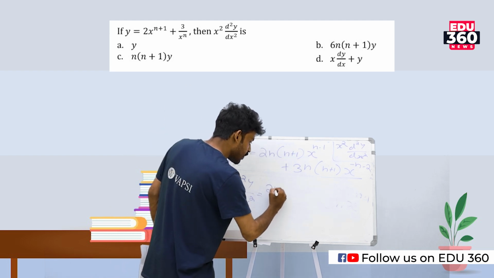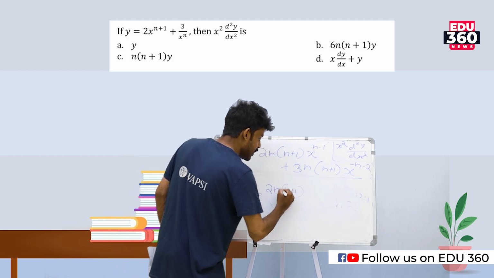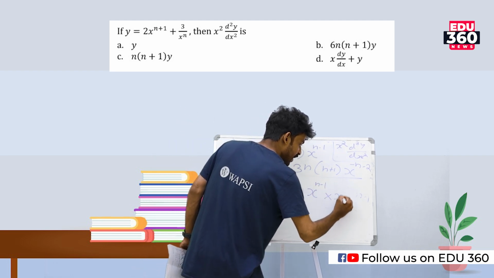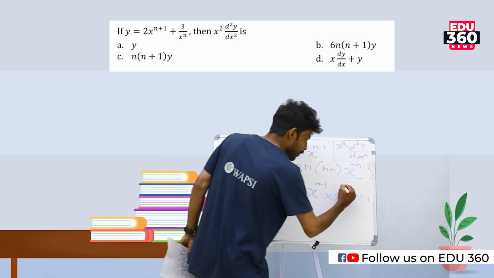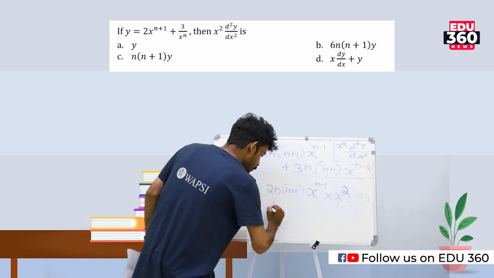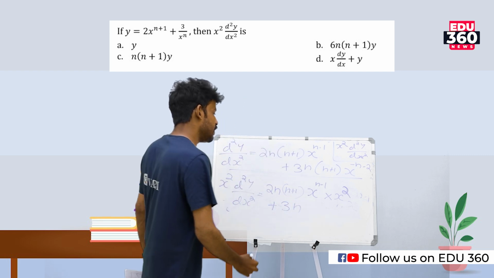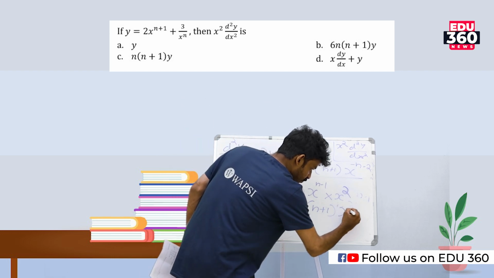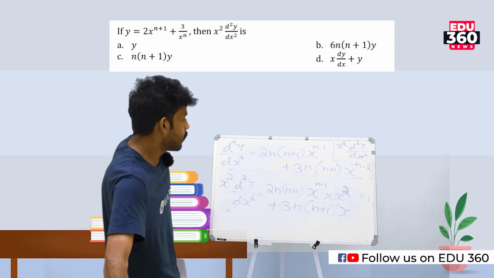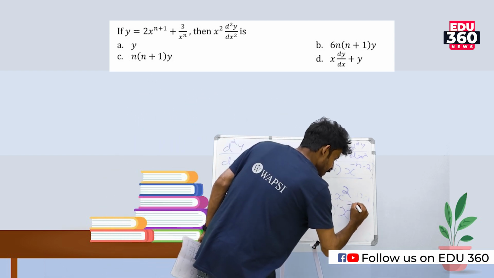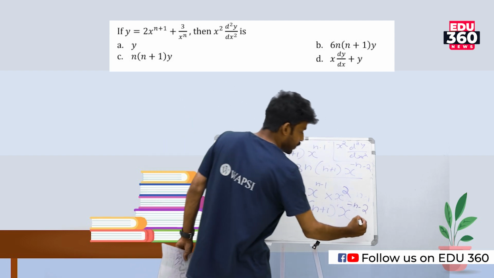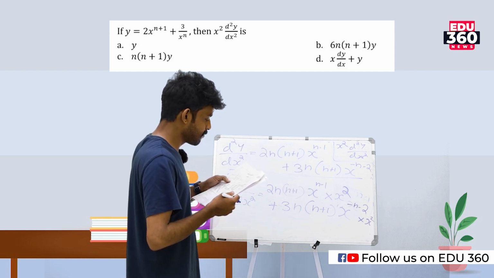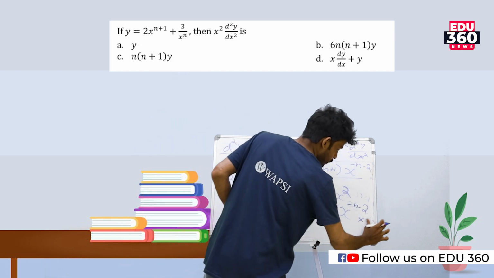So that is 2n into n plus 1 into x raised to n minus 1 into x square, plus 3n into n plus 1 into x raised to minus n minus 2 into x square.